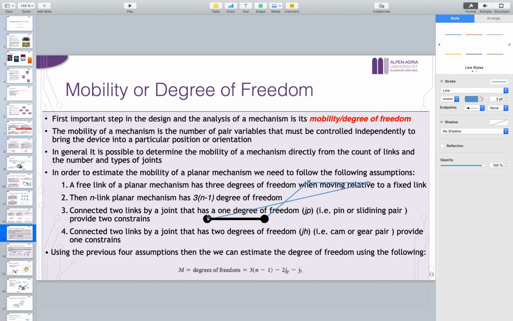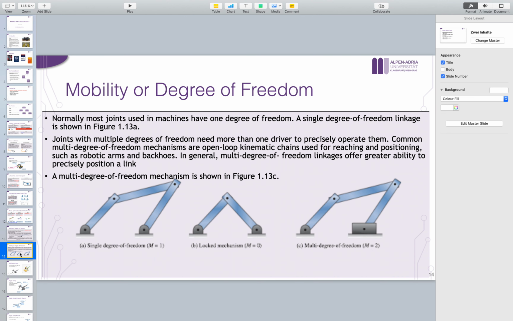And by just doing this connection, of course, I went from 3 degrees of freedom to 1, because I constrained 2 by doing this connection. And this is why we have 1 here, and also you can apply the formula and also we'll get to 1.